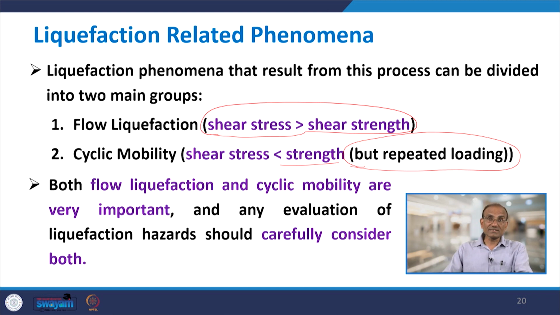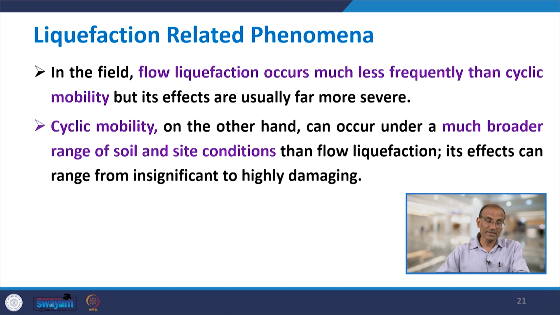Both flow liquefaction and cyclic mobility are very important, and any evaluation of liquefaction hazard should carefully consider both of these phenomena. We will discuss both in detail in the next few slides. In the field, flow liquefaction occurs much less frequently than cyclic mobility, because for flow liquefaction, the shear stresses generated need to exceed the shear strength.